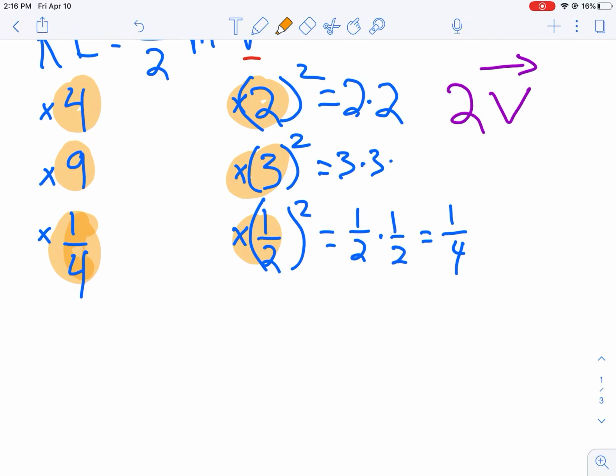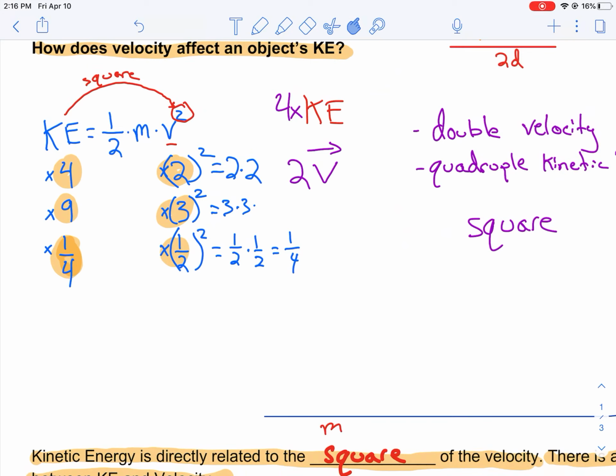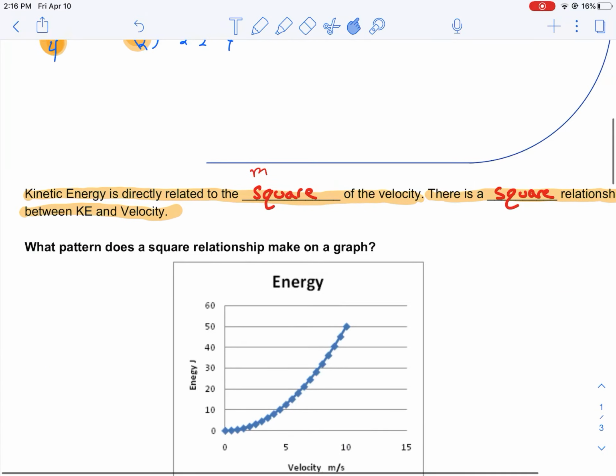So notice how a square relationship, and we'll get into the definition in just a second, is if one variable changes by a factor, the other variable changes by that factor squared. So that's what a square relationship shows us.